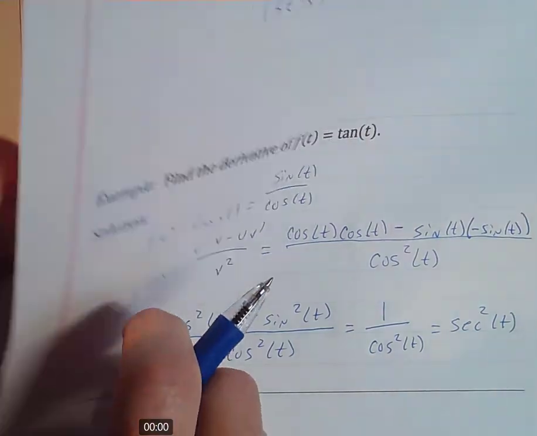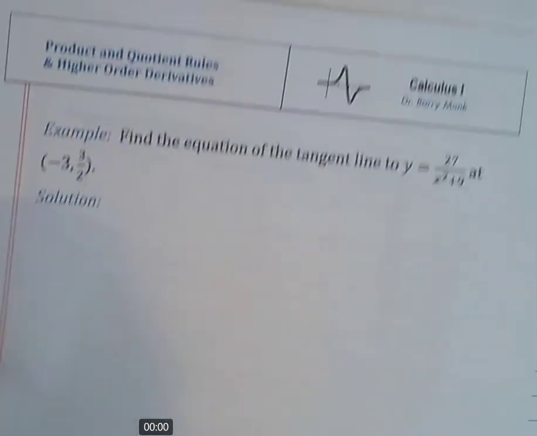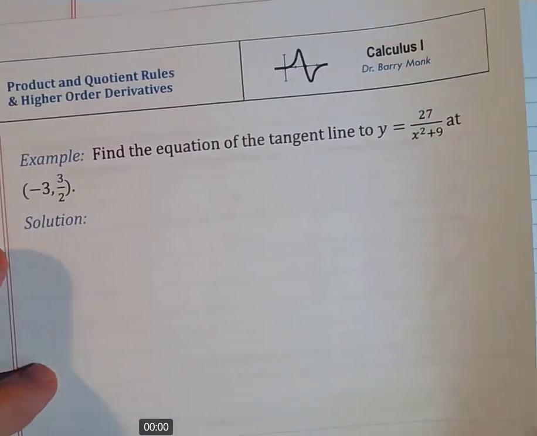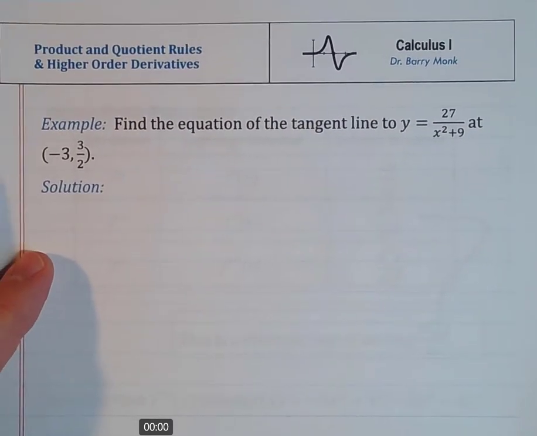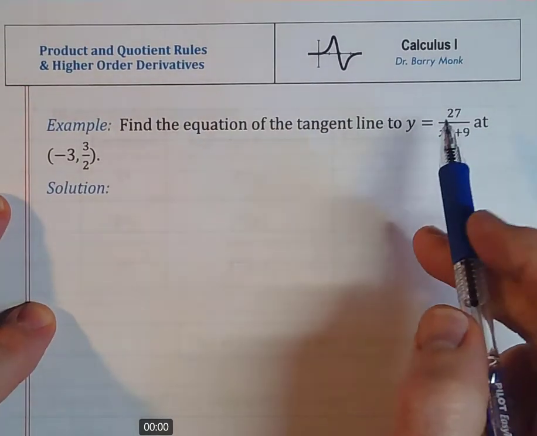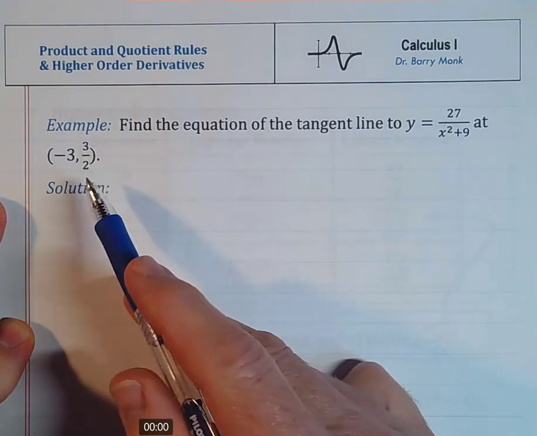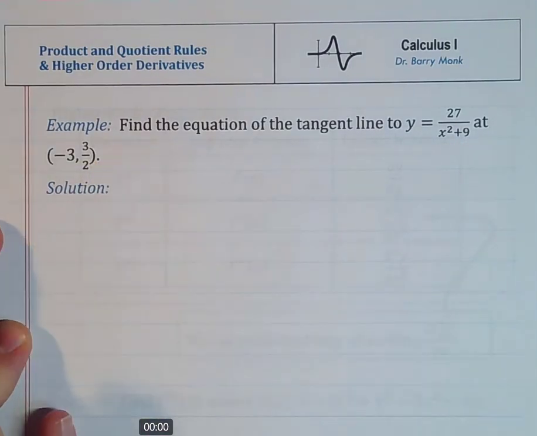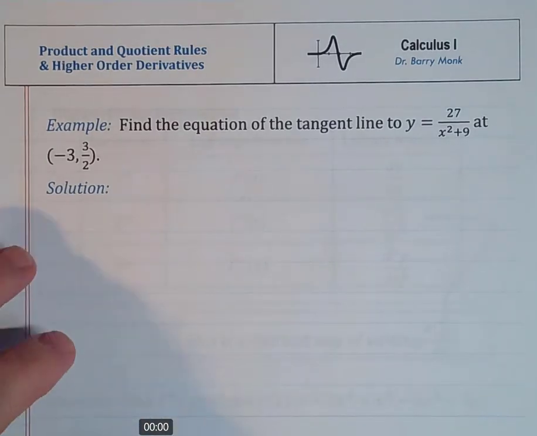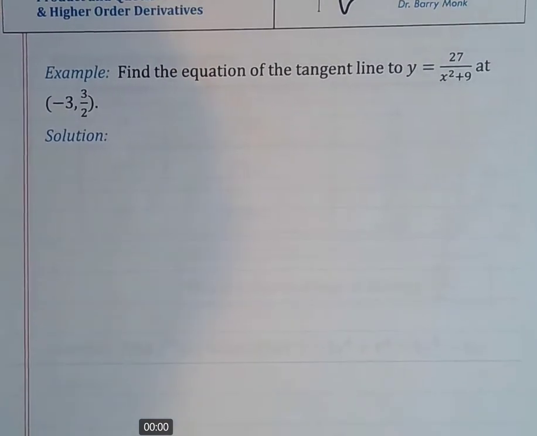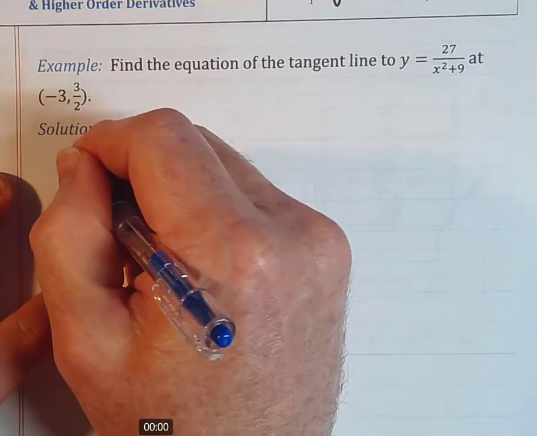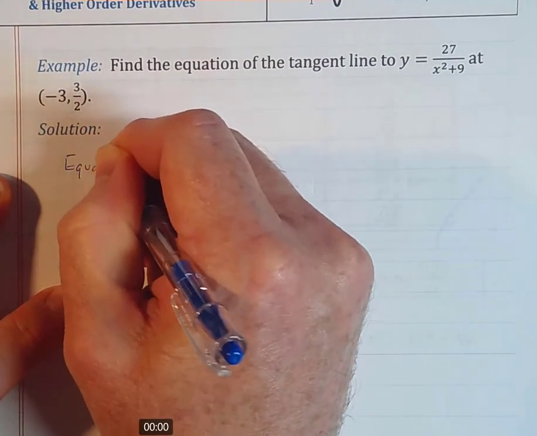Okay, let's look at another example here. Here I want to find the equation of the tangent line to y equals 27 over x squared plus 9 at the point negative 3, 3/2. All right, so now let's just remember for a second that to find the equation of a line, we need a couple of things. I'm not doing any derivatives or anything yet.